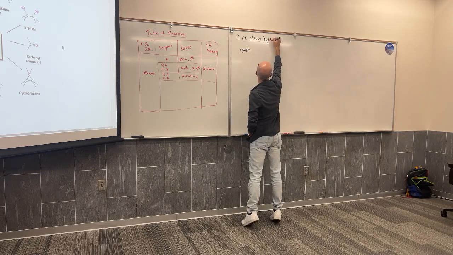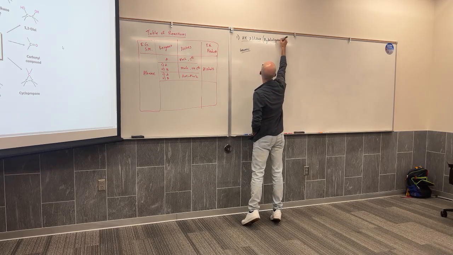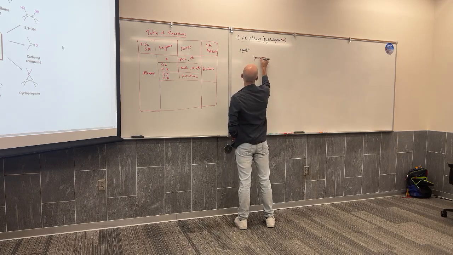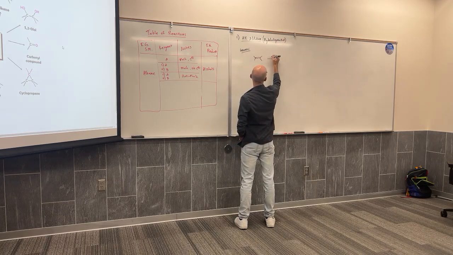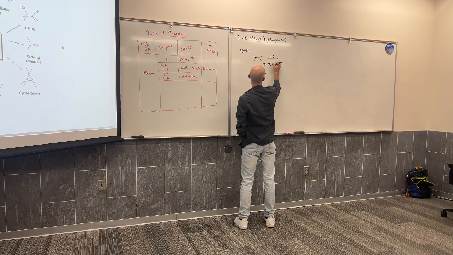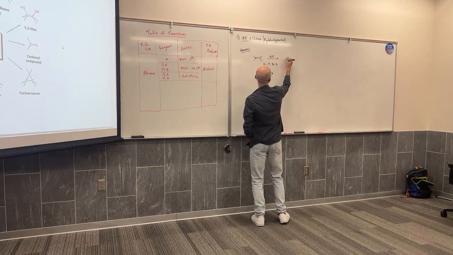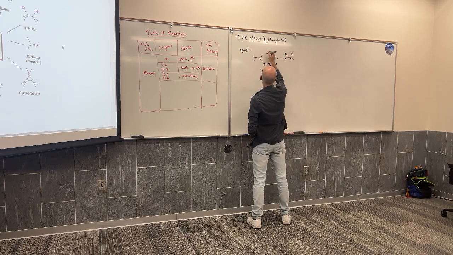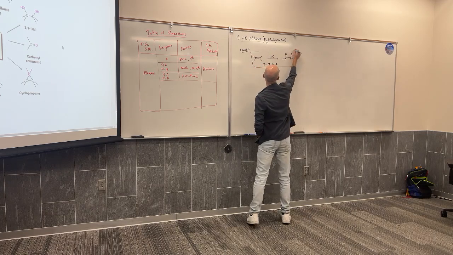Hydrohalogenation. So our generic example will have HX, where X can be chlorine, bromine, or iodine. And we'll add H, and we'll add X across the double bond.